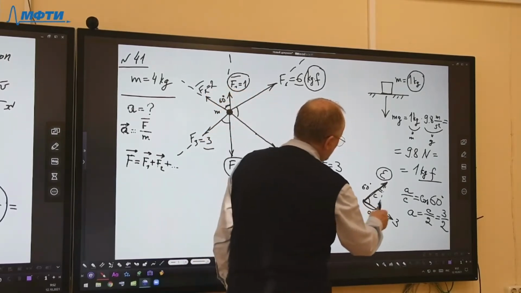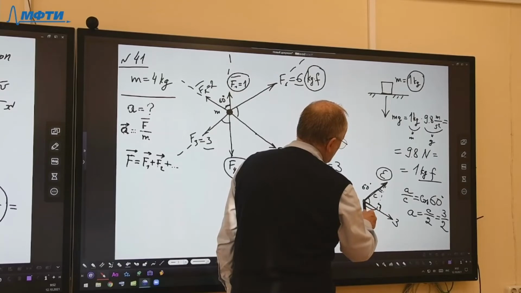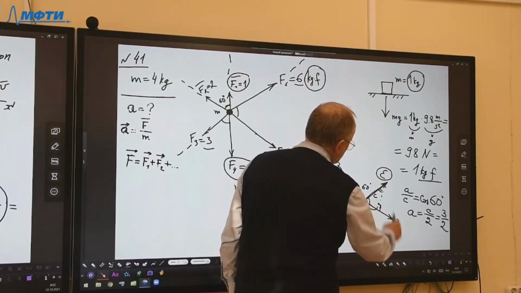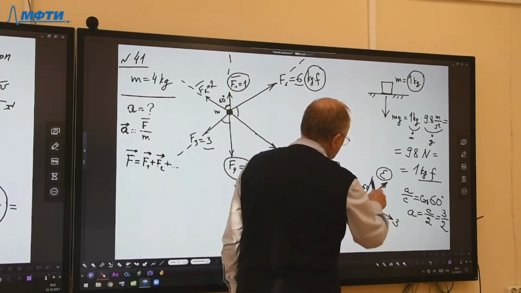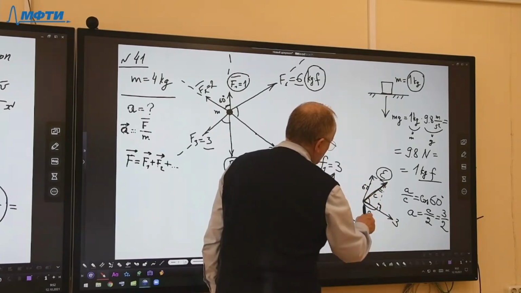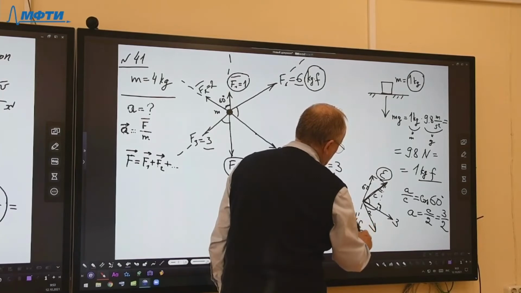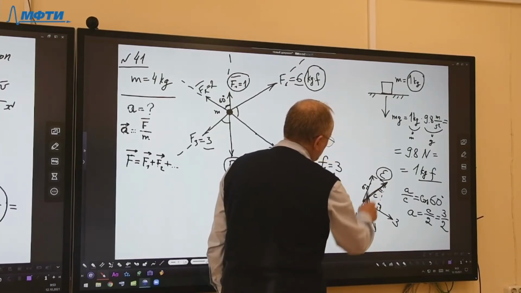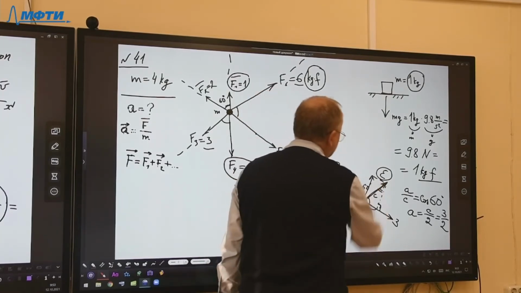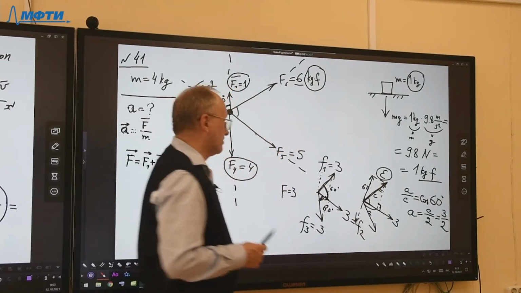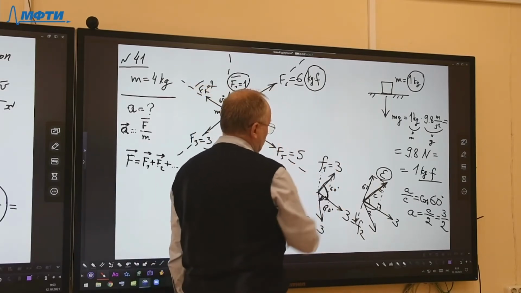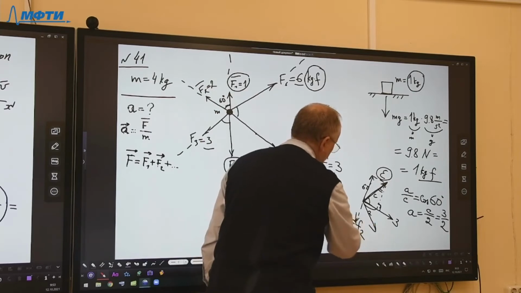The component of this force perpendicular to the direction and the component of the other force perpendicular to the direction are equal, and they will balance each other. We don't have to take the perpendicular components into account. I mean perpendicular to the direction of force F2.